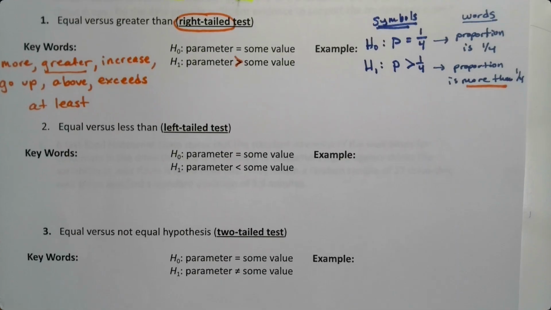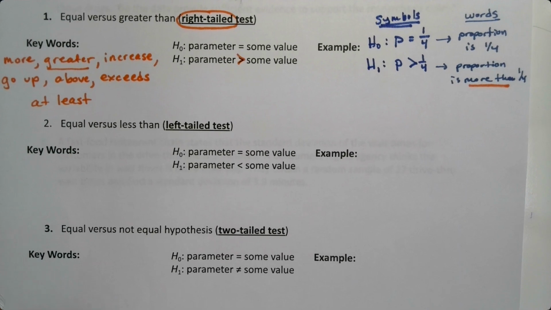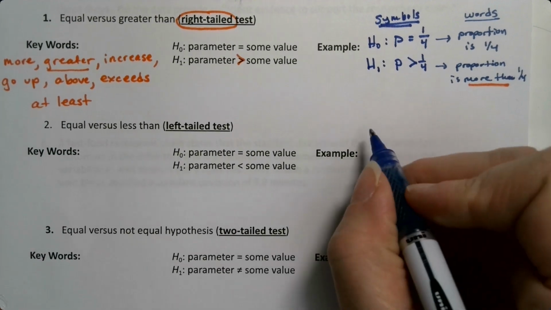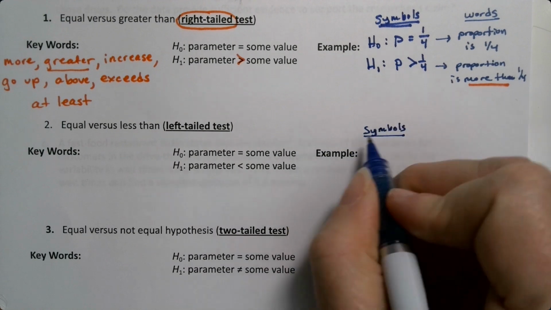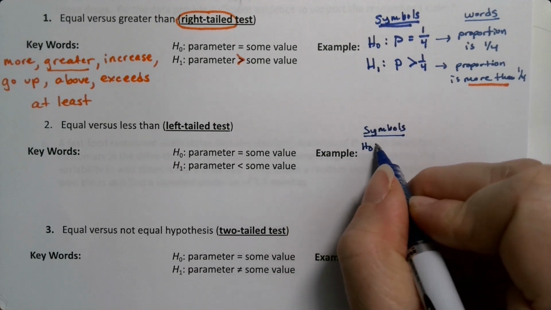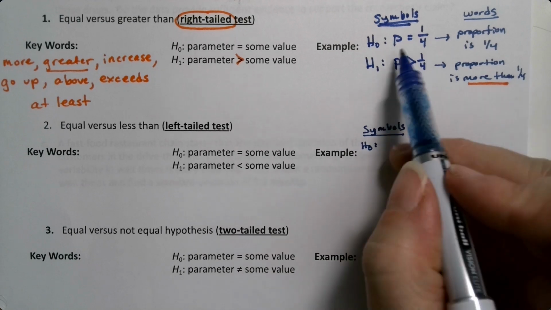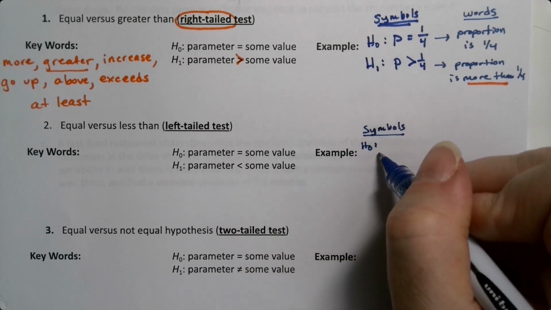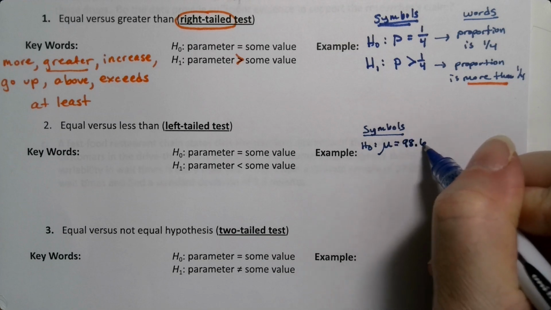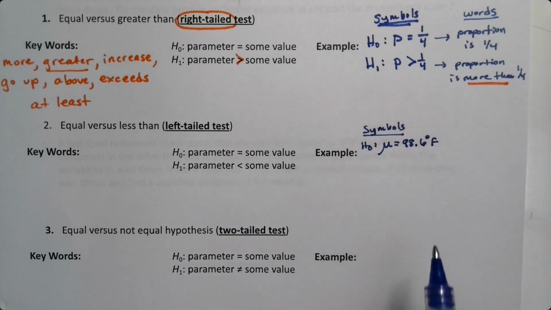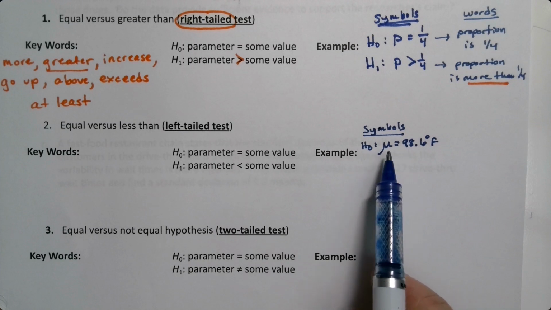All right, now what about a left-tailed test? Let me give you an example. The symbols, I'm going to write over here. H naught would be, and I'm going to make up a different one, not a proportion this time, I'm going to do a mu. So mu is 98.6. Everybody thinks body temperature's average is 98.6.